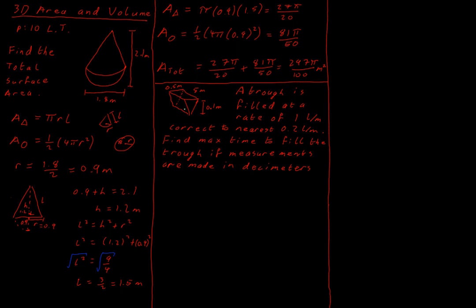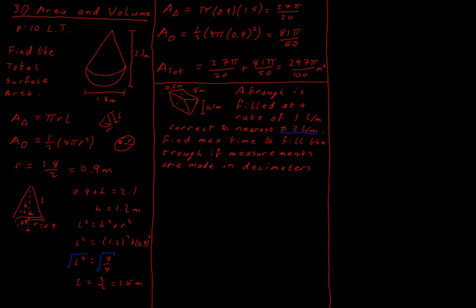What we need to keep in mind, however, is that we're given two extra pieces of information. We're told the accuracy of the measurements in both cases, and we need to take them into account when we're doing our problems. We're told we're going correct to the nearest 0.2 liter per minute. That is an accuracy indicator.